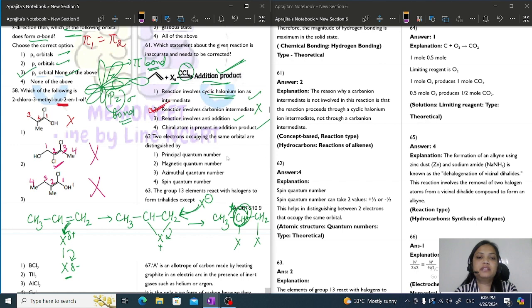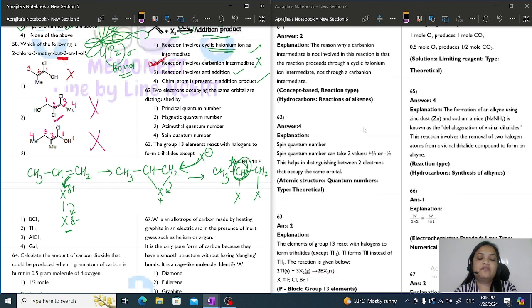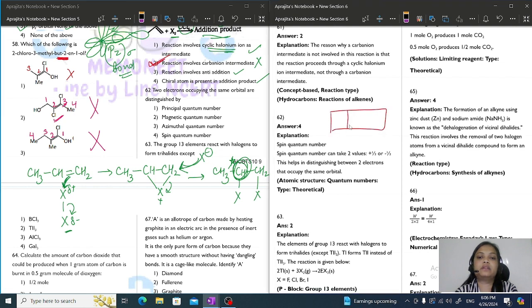Question number 62. Students, 2 electrons occupying the same orbital are distinguished by. So if you are having two electrons in the same orbital, let's say it's 2p, both of them are in 2px.